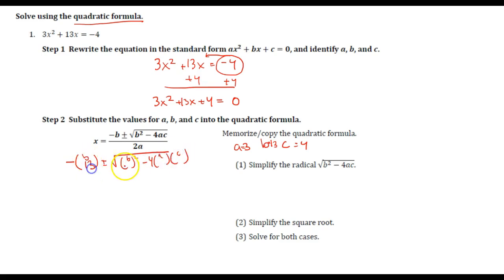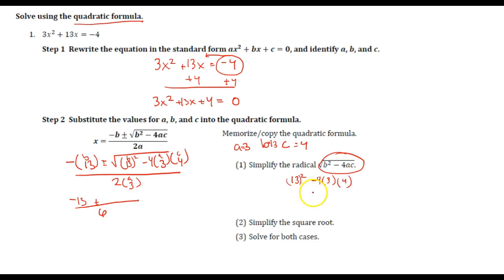So that would be 13 here and 13 there, 3 here and 4 there, all over 2 times a, which is 3. So we'll go ahead and simplify this and figure out that this would be negative 13 over 6, because 2 times 3 is 6. Just like it says here, we'll simplify this. So if you simplify 13 squared minus 4 times 3 times 4, take some time, work that out.